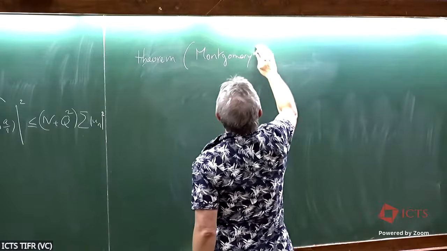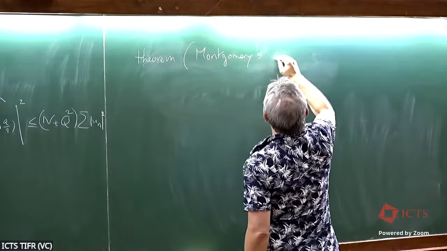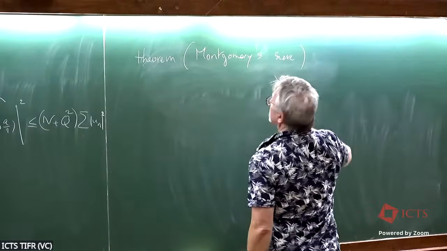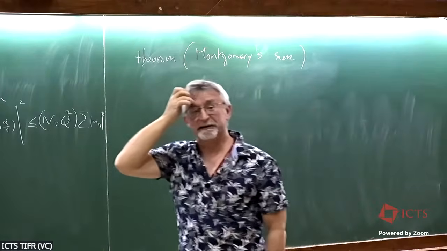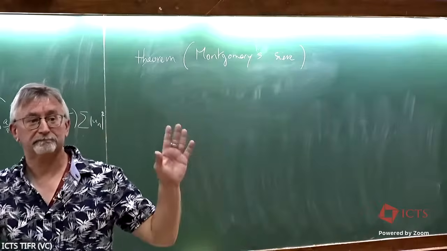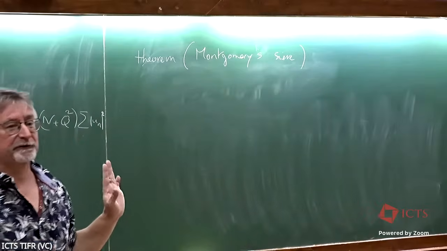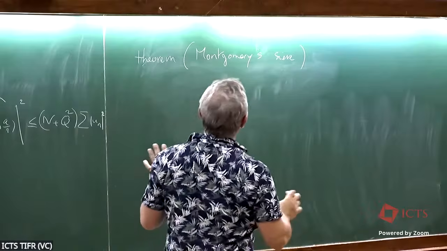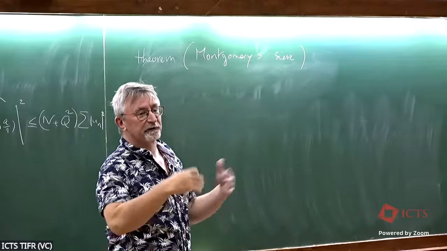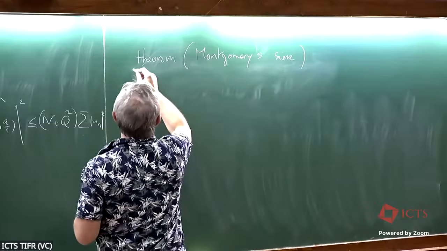Not everyone does that, but I think it's because people don't know exactly the history, that they don't know how to call it. So on the safe side, they don't give any name. I have the feeling that it's absolutely due to Montgomery and that it can have his name.